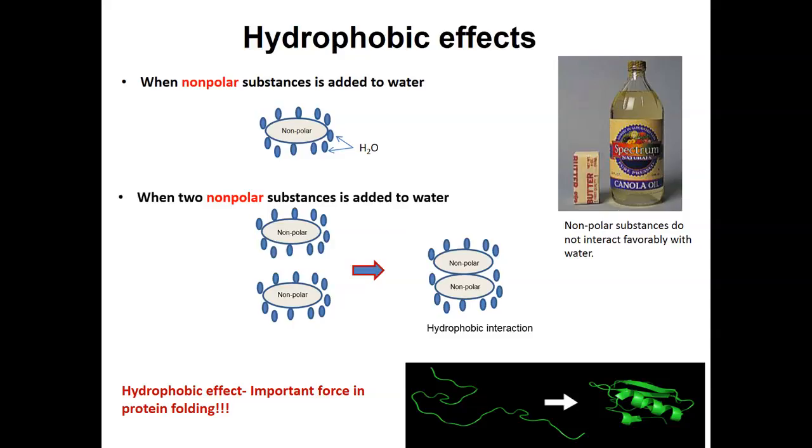They're all hydrophobic. They come together, and the water molecules form a shell around them. That interaction is favorable, okay? Hydrophobic molecules trying to come together. And that is very, very important.